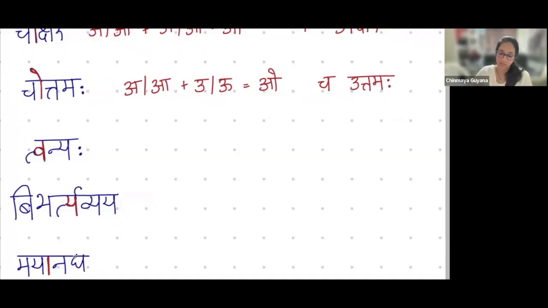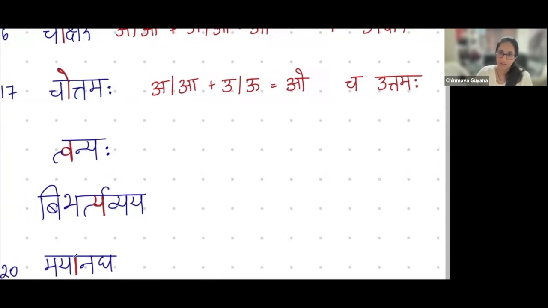Tvanyaha. V is made from what? V is made from u plus a equals v. If you wrote the sandhi backwards, like v is equal to u plus a, that is also fine. Equations are like that. You can write them however. I just think in this way. You can think the opposite way, no problem.